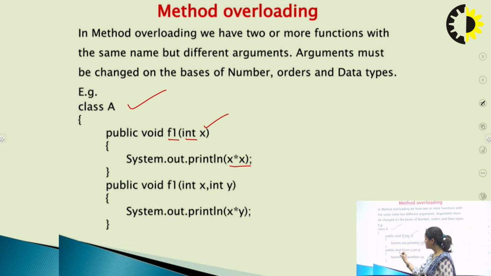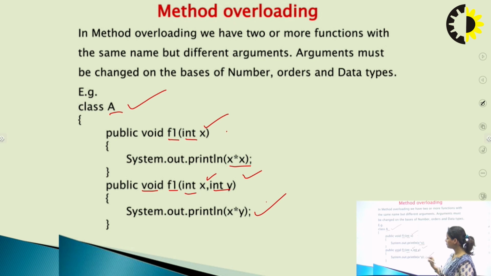Now, another method f1 with the same name exists in the same class A, but the parameter lists are different. Here, the first parameter is x and the second parameter is y of type integer. The first one contains only one parameter and the second function f1 contains the two parameters x and y, and their multiplication is in its body.